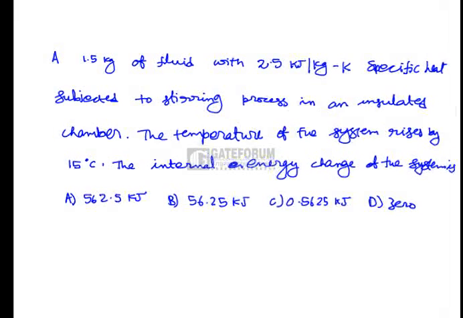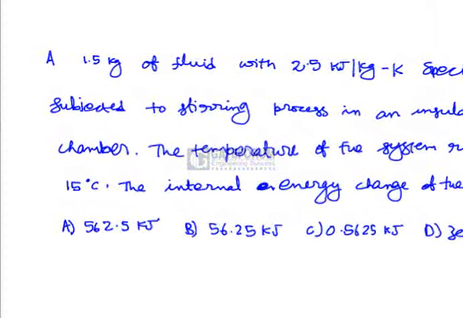2.5 kg of fluid with 2.5 kJ per kg Kelvin specific heat is subjected to a stirring process in an insulated chamber. The temperature of the system rises by 15 degrees centigrade. The internal energy change of the system is, here the options are 562.5 kJ, 56.25 kJ, 0.5625 kJ, and 0.